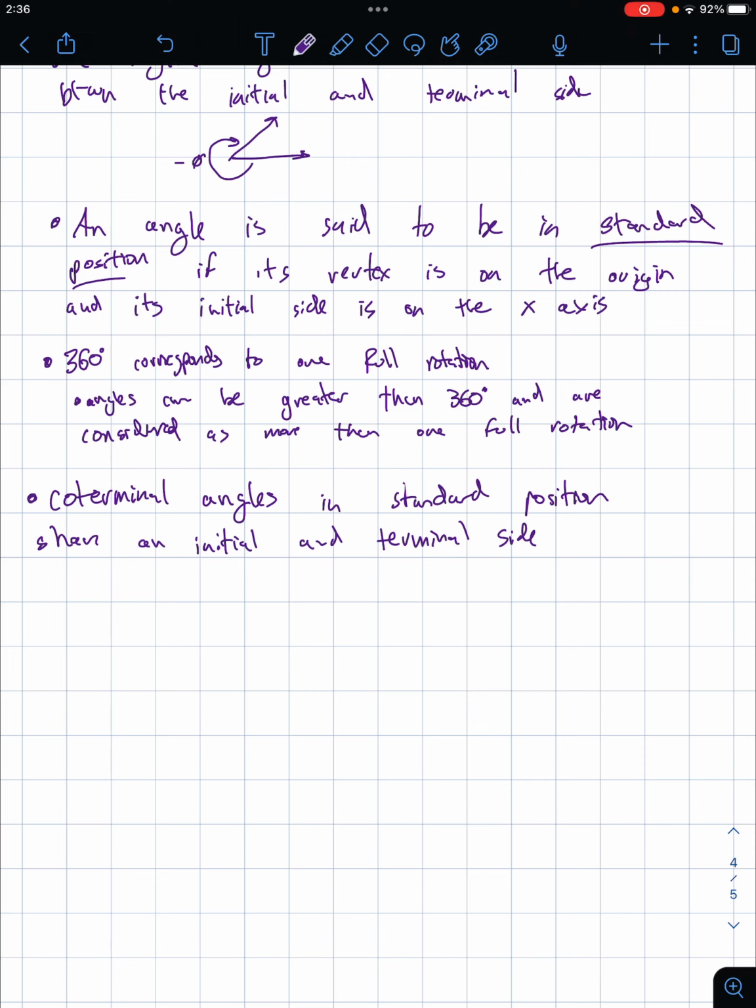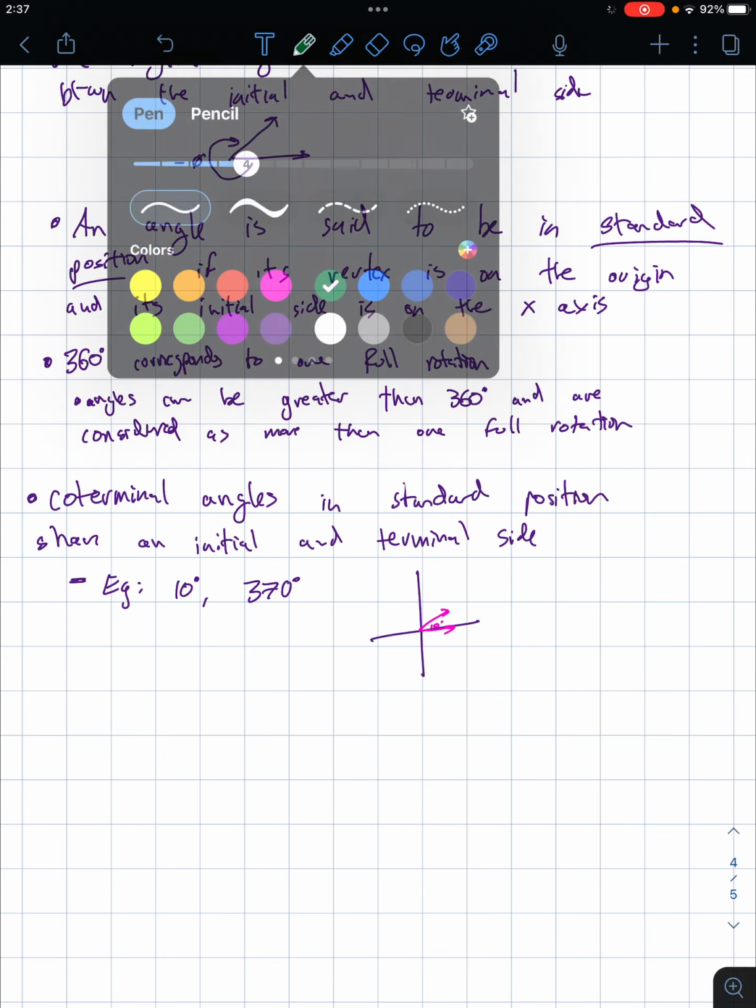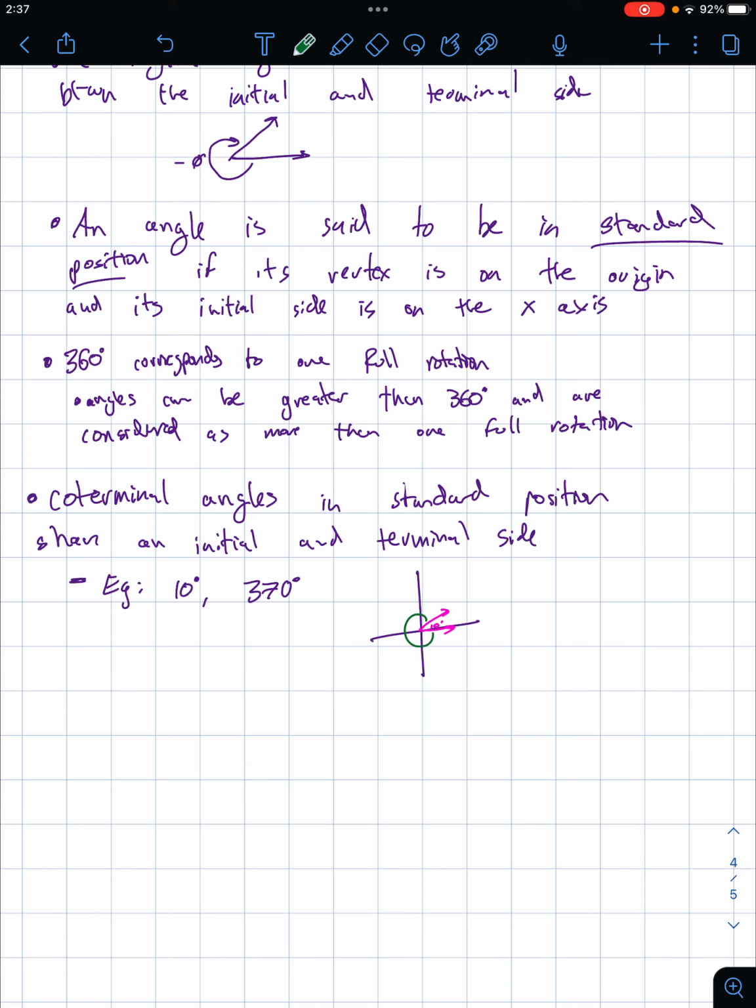So for example, 10 degrees and 370 degrees on the coordinate plane would look very similar. 10 degrees would be here. 370 would describe the same angle, but it would be more than one full rotation.